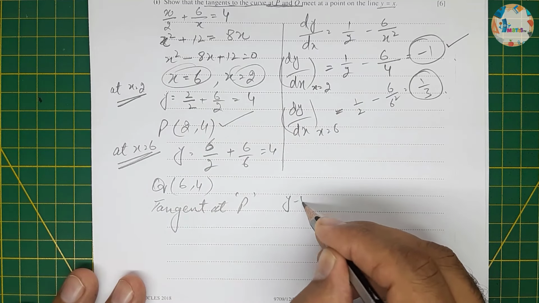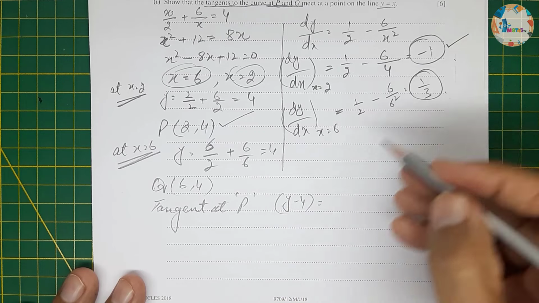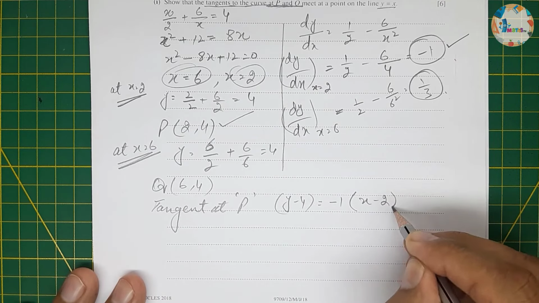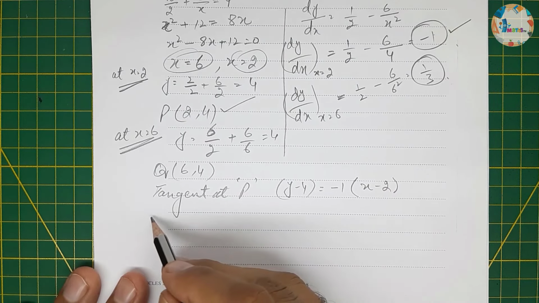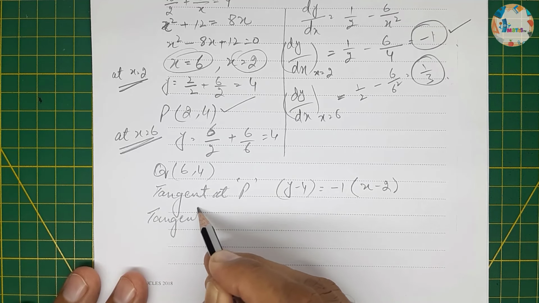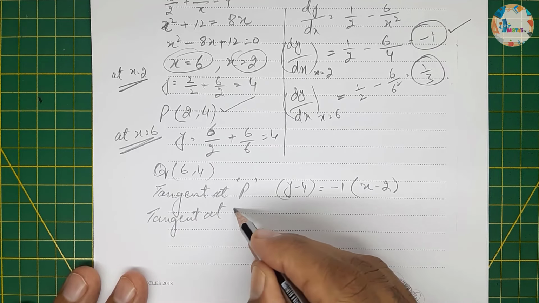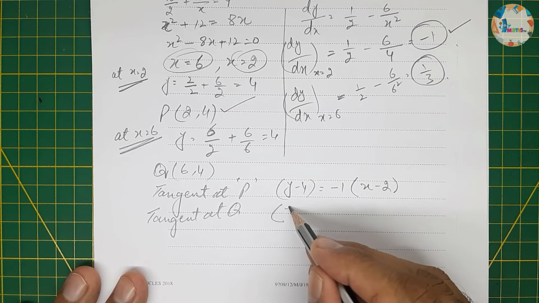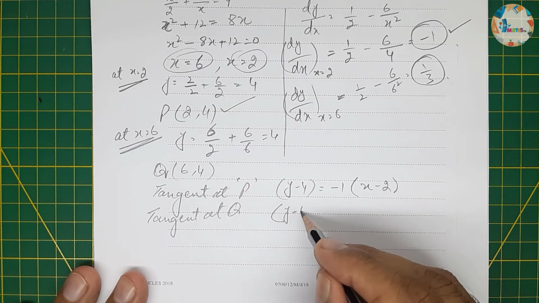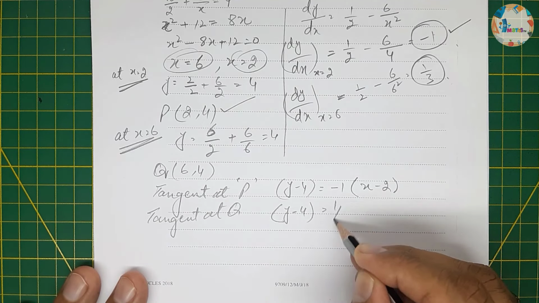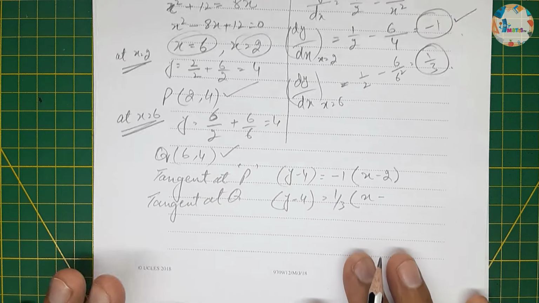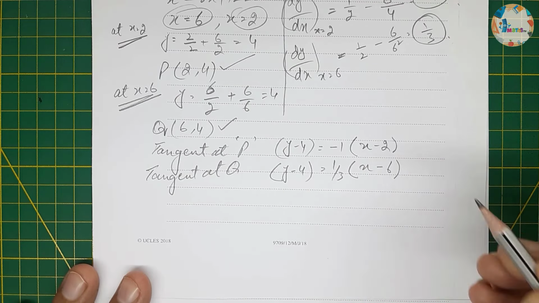So y minus 4 is equal to m, which is minus 1, into x minus x1, which is 2. So we'll write this one. And similarly the tangent at Q. Similarly we can write this gradient: y minus y1, which is 4, is equal to 1 by 3 into x minus x1, which is 6. This one we are using the Q value, so this will be 6.